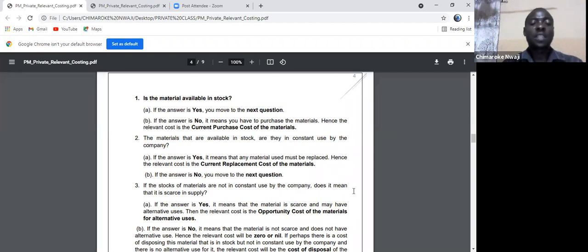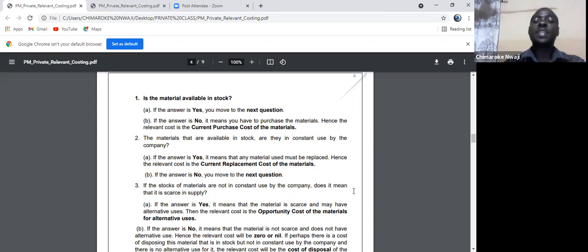Now, the first one is: is the material available in stock? That's the first question. It's either going to be a yes answer or a no answer. If you decide that the answer is yes, you are saying that the material is available in stock. You then move to the next question.